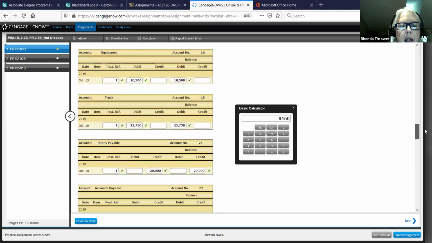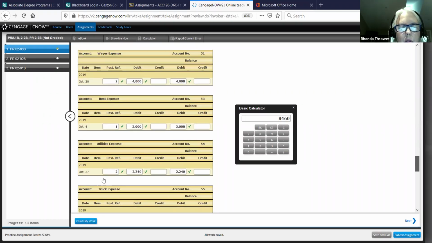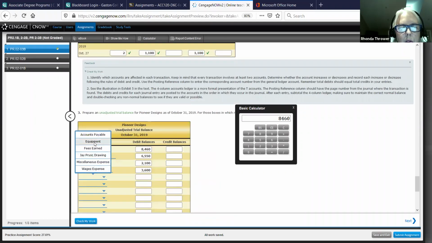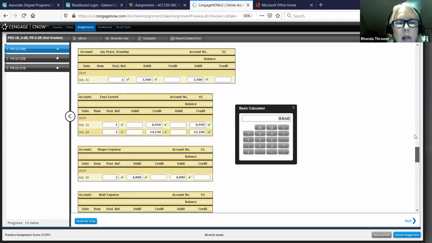The next account is equipment. It has a balance of $10,500. Copy the ending balances only. Equipment has a debit balance because it's an asset account.